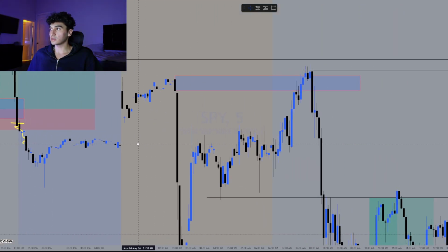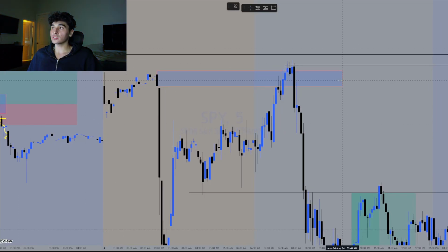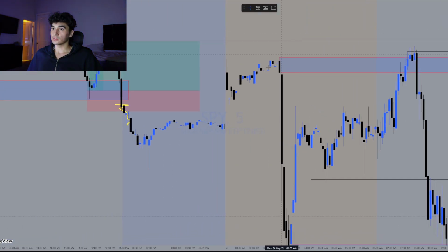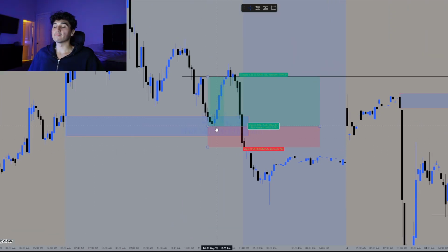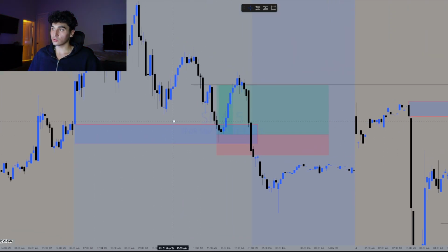As you can see here, the candle slowly started to break above, but it never closed above and continued higher. For this zone here, you can see it broke below and continued lower, which would invalidate this demand zone, meaning it's not an area of interest anymore.